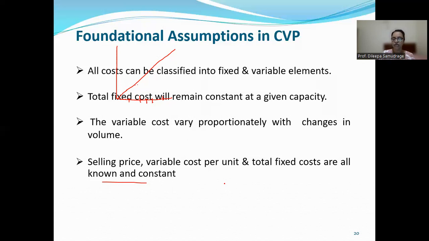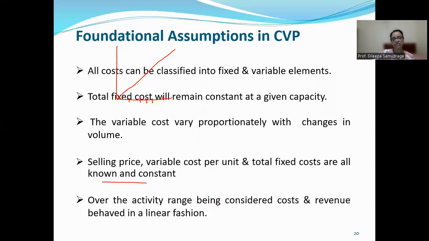Therefore, we cannot expect selling price, variable cost, or fixed cost to be fixed. So it's an issue, but we assume that under the CVP analysis. That is another assumption, and you should know the issue of this.